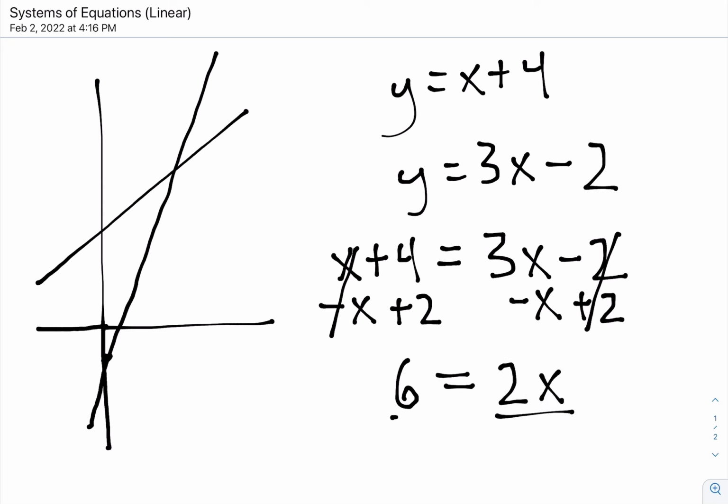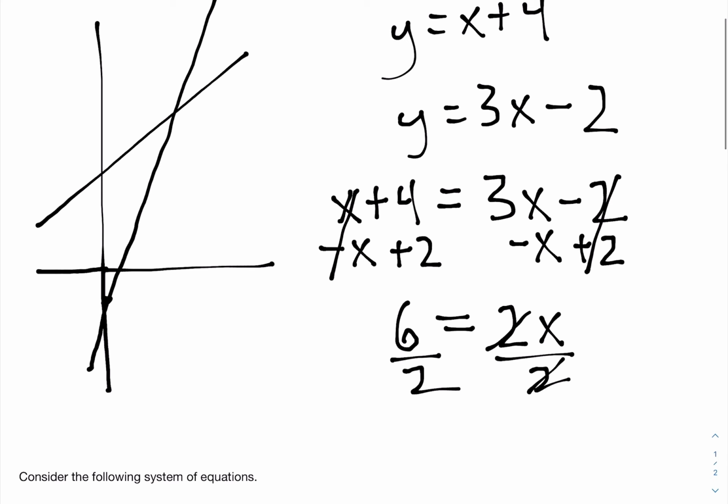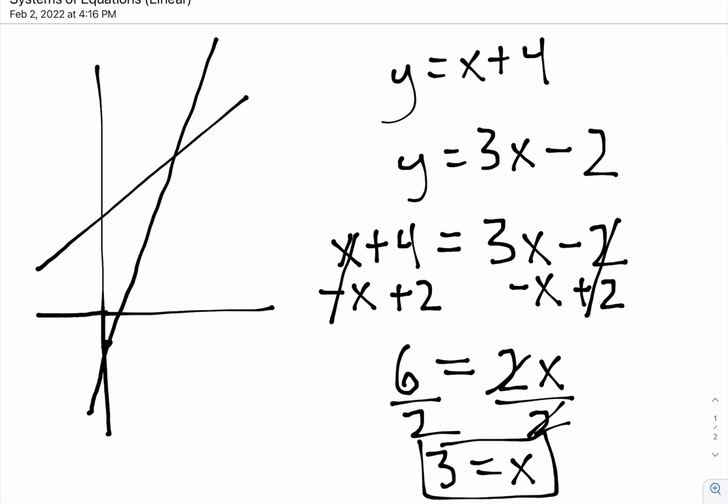The last step is dividing by 2 to cancel this 2. So we've effectively solved for x: 3 equals x. That means on our graph, where the lines intersect, our x value is going to be 3.